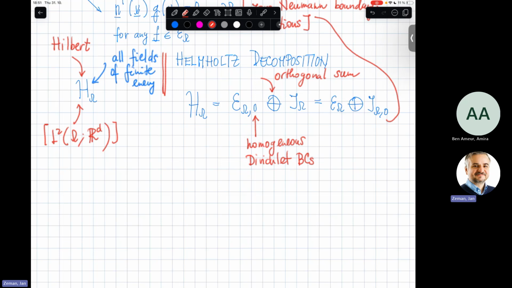And in homogenization, there is also an alternative and even finer decomposition, which combines these two examples together. So what I'm saying is that I can claim the following direct decomposition or orthogonal sum.